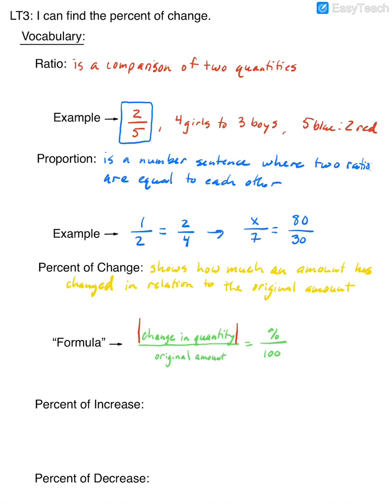Those words will take care of whether it's positive or negative. Okay, so a shorter look of this: the absolute value of the change over the original equals percent over 100.